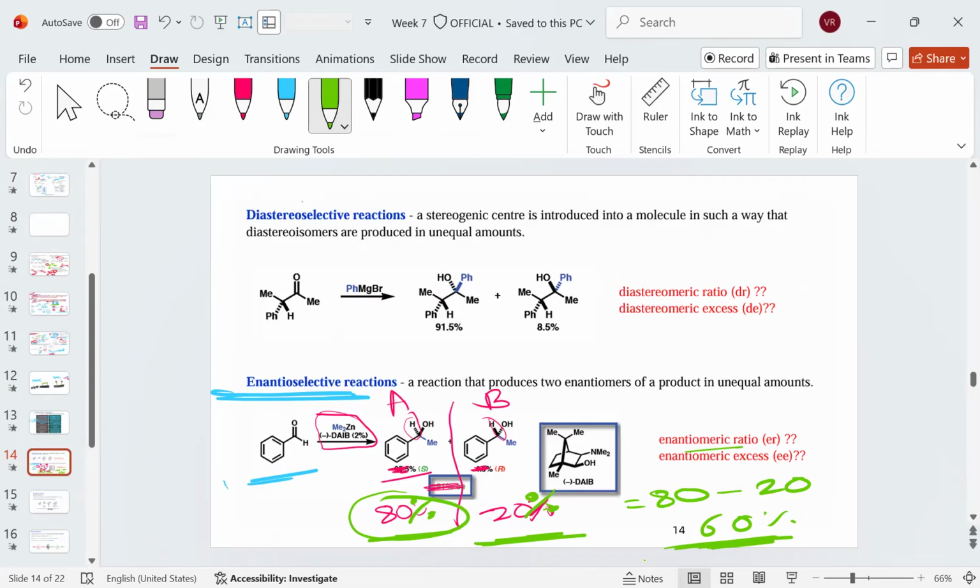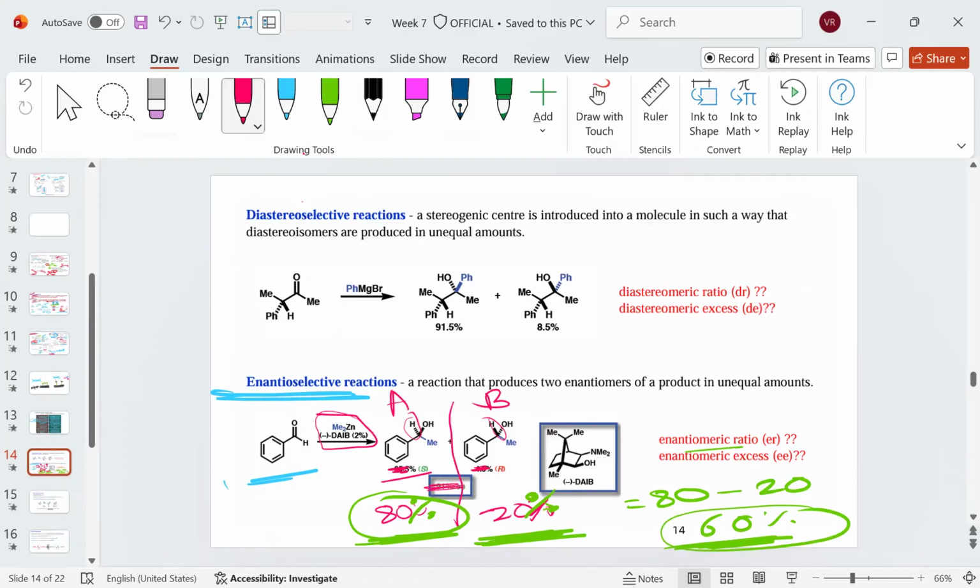And the enantiomeric ratio is this 80 and the 20. This is the enantiomeric ratio, but the enantiomeric excess is 60%. Why?